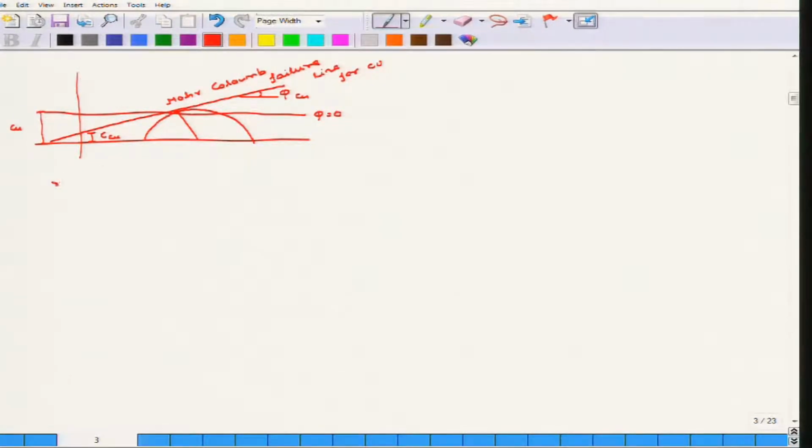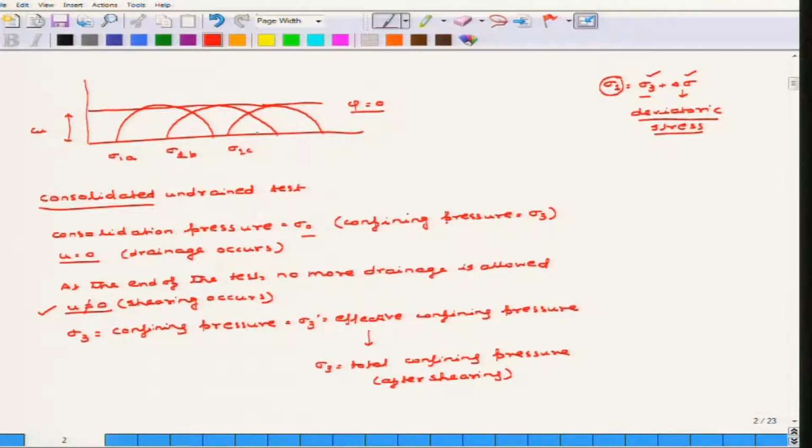So from here we can find out, if R is the radius of Mohr's circle, then Cu is equivalent to sigma 1 minus sigma 3 by 2, which is equivalent to R. This is known to everybody because this comes from the basic relation of performing a UU test, where basically the UU test is the peak point of the Mohr circle.